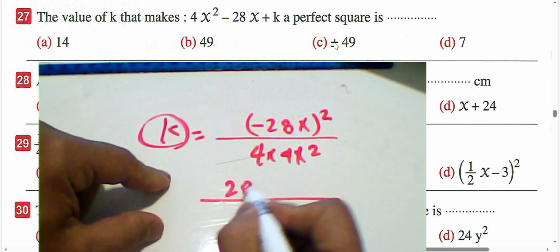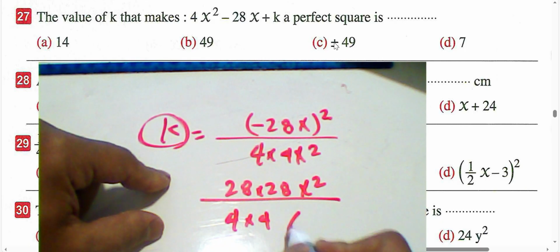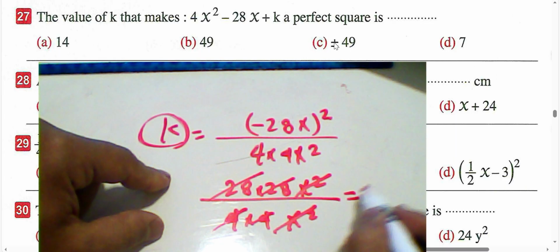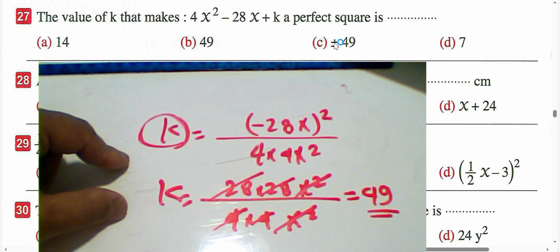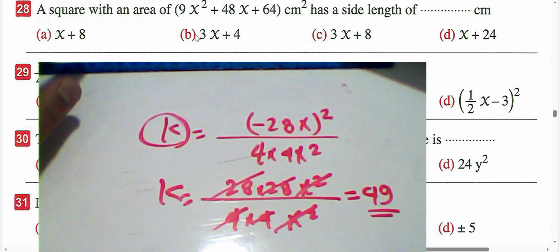Then it will be 28 times 28x² over 4 times 4x², which cancel together. 28 divided by 4 is 7, 7 times 7 is 49. The value of k will be positive 49. It shows letter B. Okay, next question.